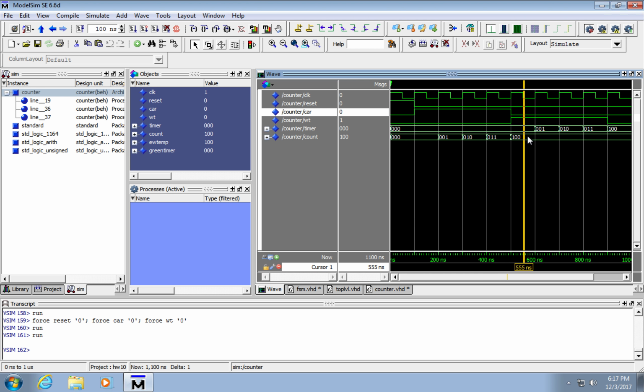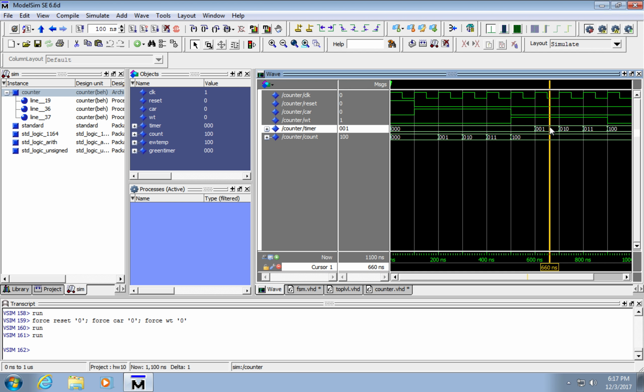Right now the count is 3 and the timer is 0. In the next cycle, when WT is 1, the timer now begins incrementing, and the timer is now 1, and the count stays at 3 because car is 0. So it'll pause the counter.